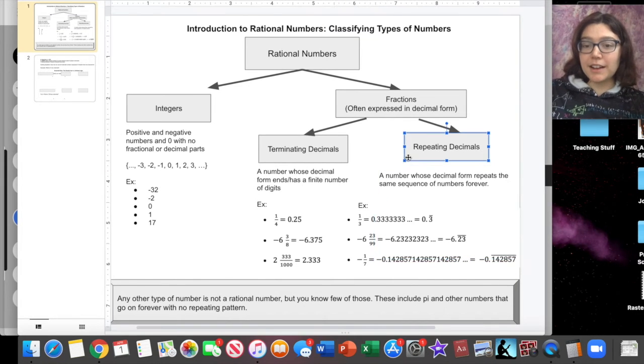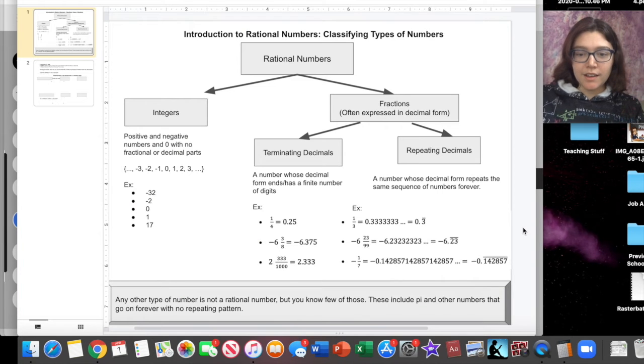This is different than pi though, just to be clear, because we have this repeating pattern. Pi has no repeating pattern. Okay, then we have -6 and 23/99. So that ends up being equivalent to -6.2323232323 forever. Okay, so we would write that as -6.23 repeating.